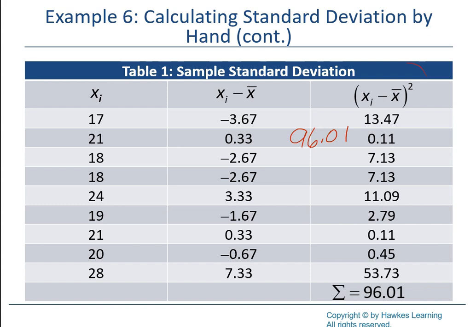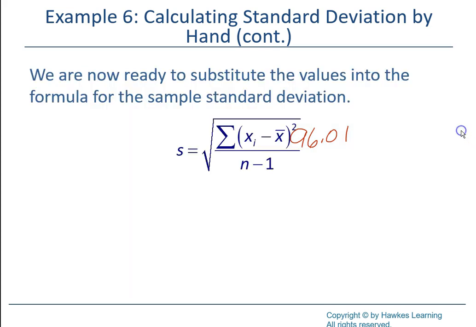Now we can move it up. All right, so this top part is the sum of all these individual items of data. Now we're going to divide it by 9 minus 1, 8. And let's see if we can do that. So I'm going to put in my calculator here: 96.01 divided by 8. Now I have a value.